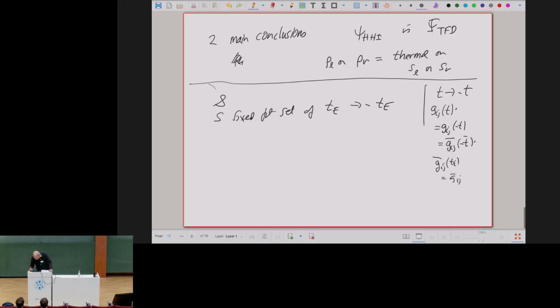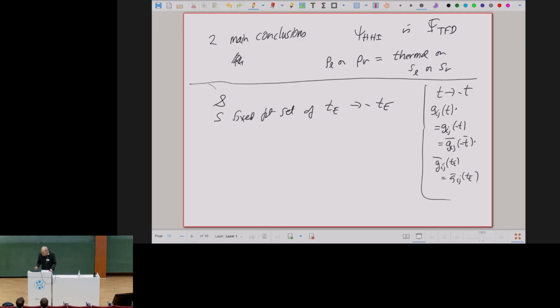Oh, sorry, I need a bar. So I didn't explain it very well here. But the existence of the symmetry under T going to minus T meant we could continue to Euclidean signature from Lorentz signature. Now we're in the same situation in reverse. We have a symmetry TE going to minus TE, so we can continue to Lorentz signature.